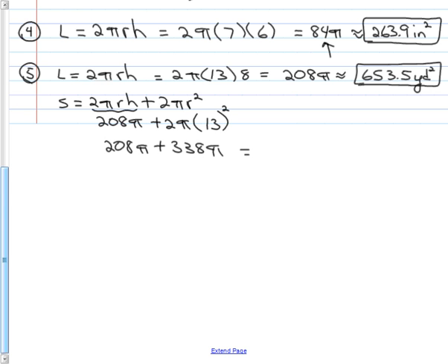How many? 546 pi's, which is a lot. Approximately 1,715.3 yards square.